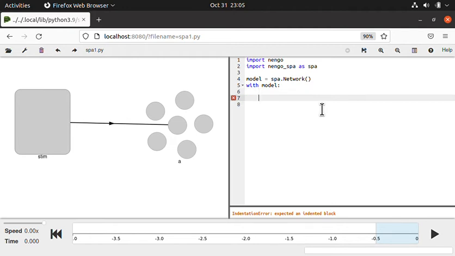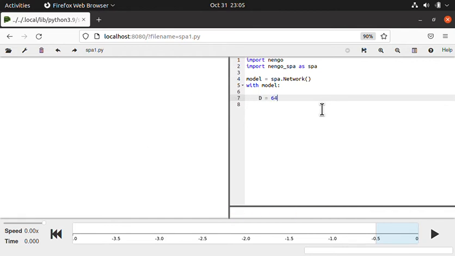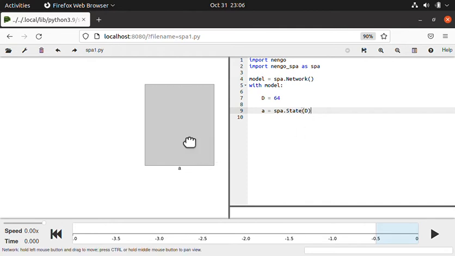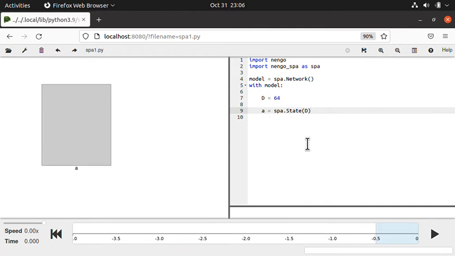The simplest new capability is that I can easily define a group of neurons that is going to represent some high dimensional vector. We'll choose some dimensionality, let's say 64 dimensional, and I'm going to make a state. We're going to call this a state vector, basically a thing that the brain has access to, a thing that the brain is representing. It's d-dimensional. Instead of calling it A, let's give it a more meaningful name.